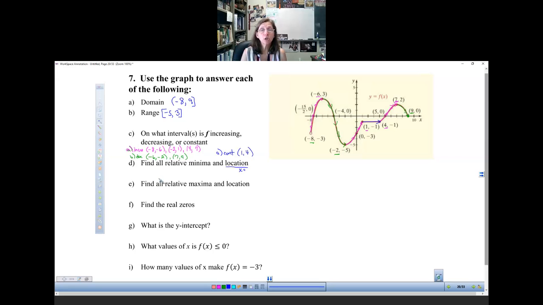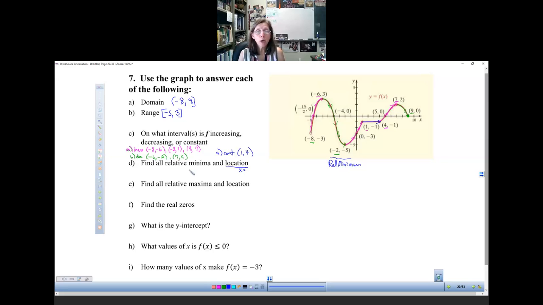So this particular graph has one turning point on the bottom, one place where the change is from decreasing to increasing, and that is this point. So this is my relative, and I only have one, so it is my relative minimum.